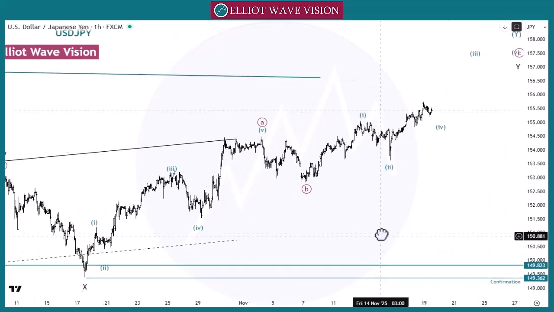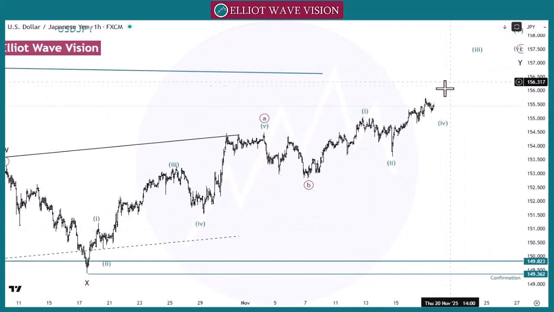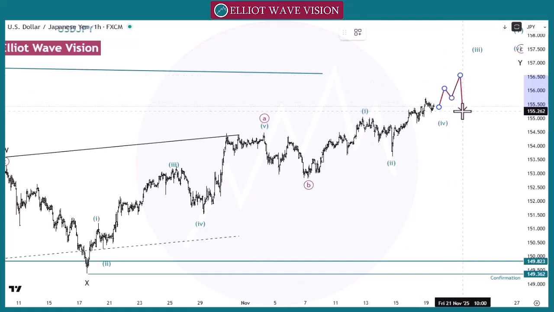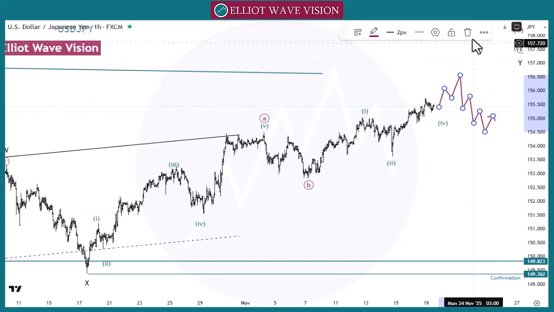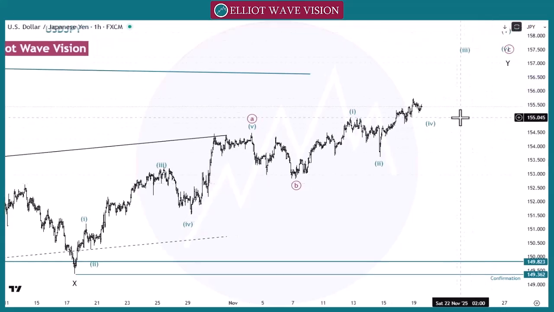So now we need to wait for this correction to complete. The market gives us the clear impulsive move like 1, 2, 3, 4, 5. Then we need to wait for the classic trading level pattern at 155. Then we will go from 155 towards 150 step by step.